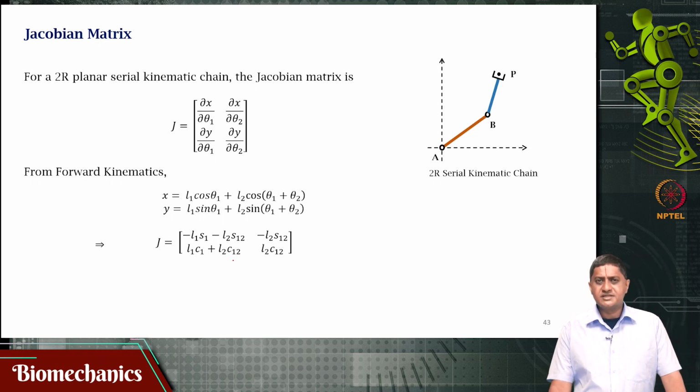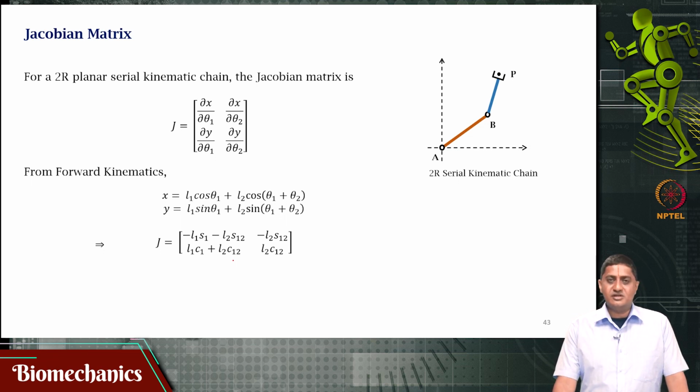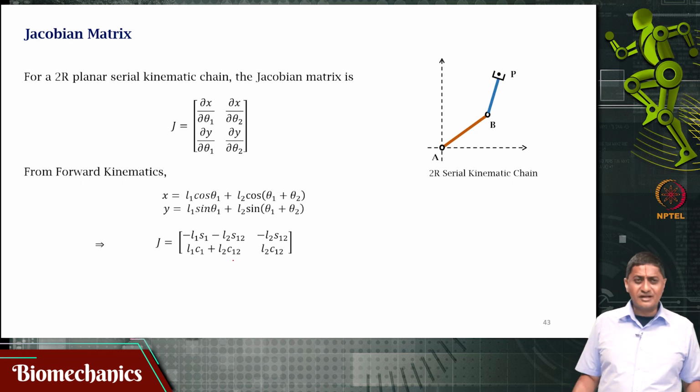Now I have a question. Let us say that I know the endpoint velocities. In many real world problems I know the endpoint velocity, and I am interested in finding the joint angular velocities θ1 dot and θ2 dot. Is it possible to find it? Mathematically that does not look like a very difficult problem.